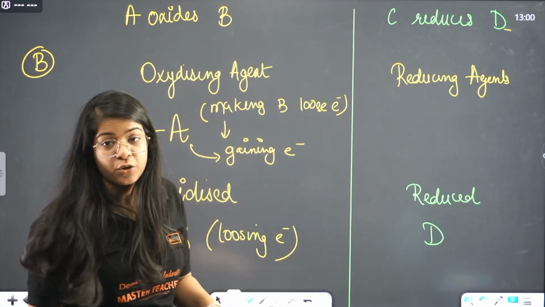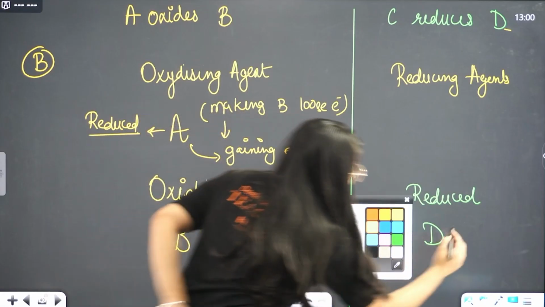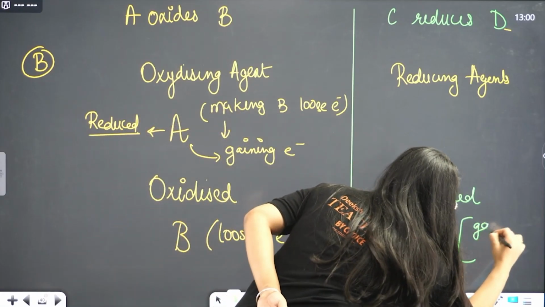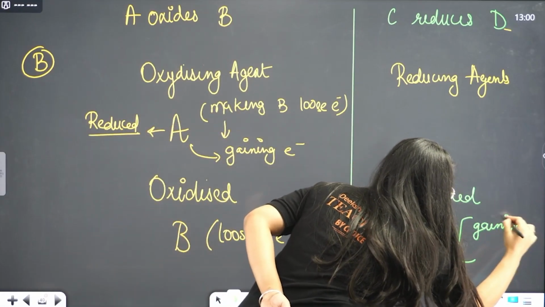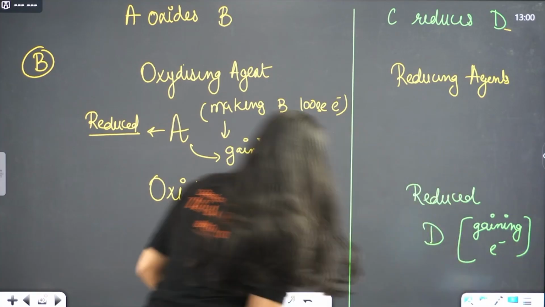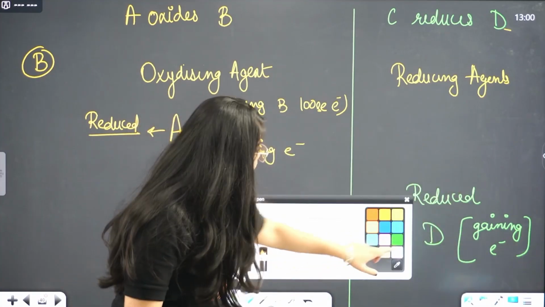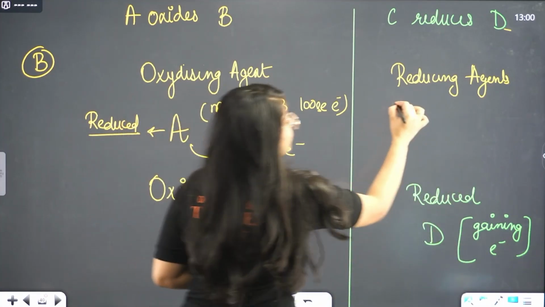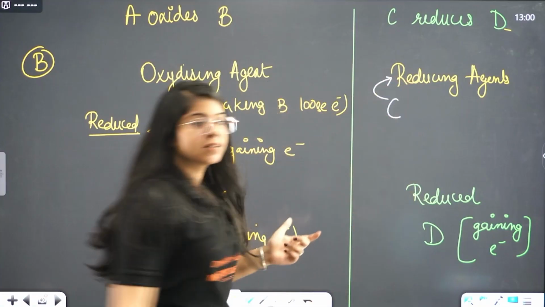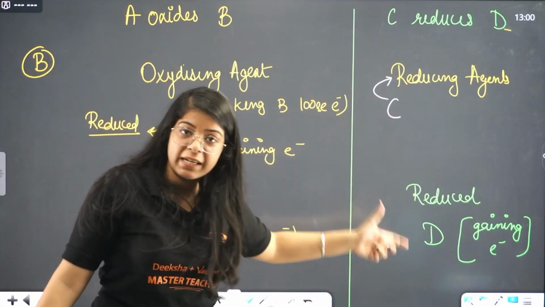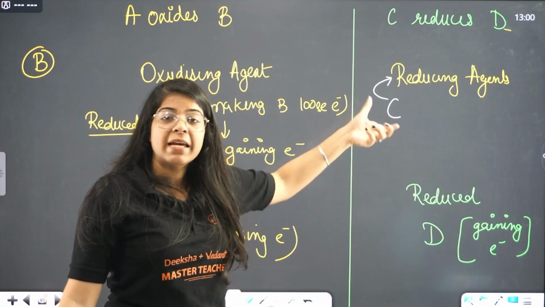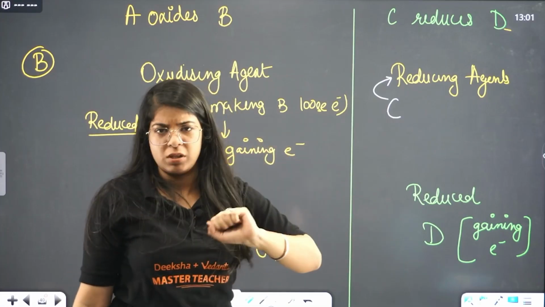If D is reduced, that means D is gaining electrons. Right. Now if D is gaining electrons because of C, then C is a reducing agent. This is clear because C is making D gain electrons, making D reduced, so C is the reducing agent.